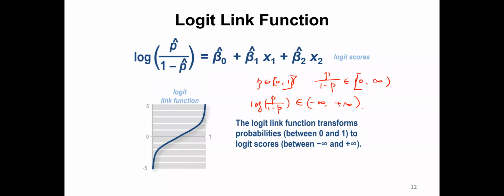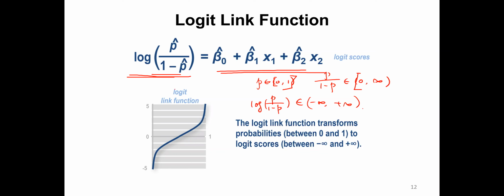And the odds is 0 to infinity. And the log odds is from minus infinity to infinity. Now it makes sense because the right-hand side can go from minus infinity to infinity, and the left-hand side can also go from minus infinity to infinity.